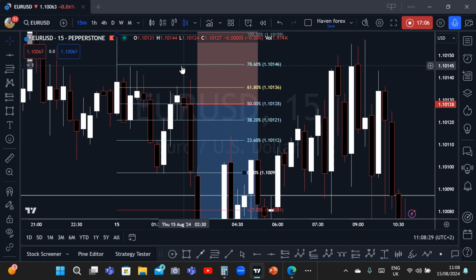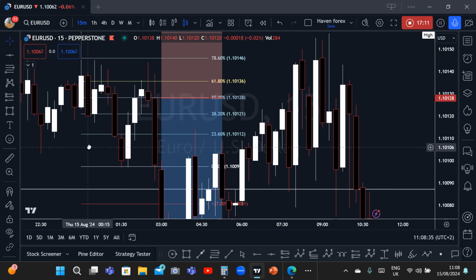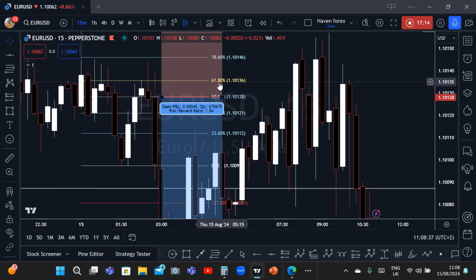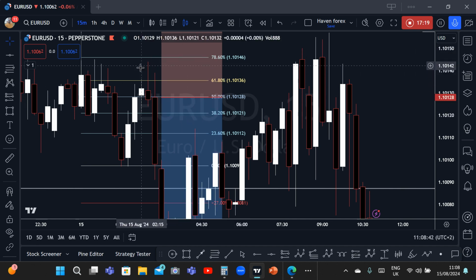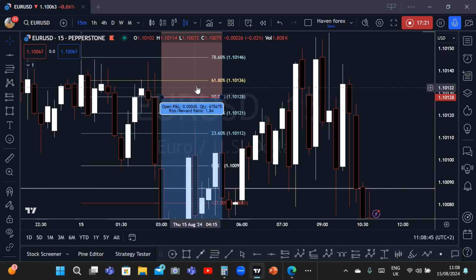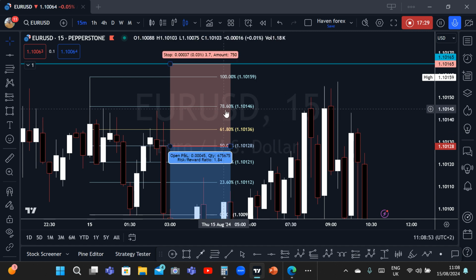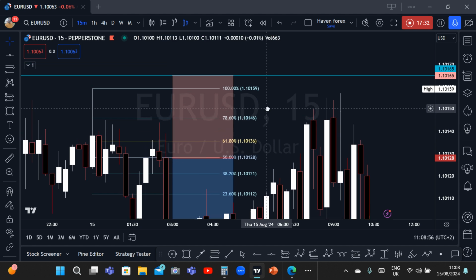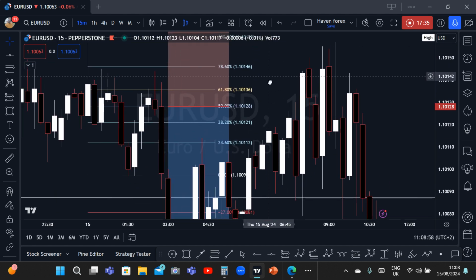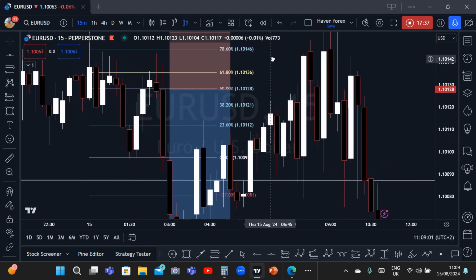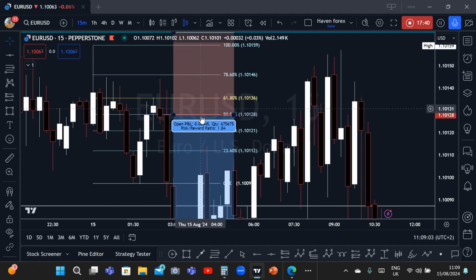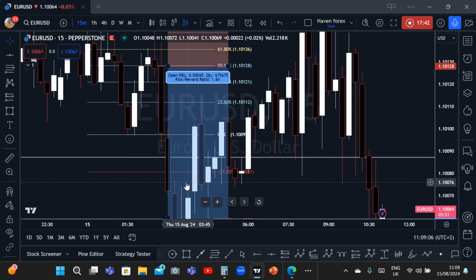It found a resistance and you see a rejection, but it actually closed below 61.8. Guys, these are the levels where price normally turns. If it goes deeper above 78.6 and it now gets to 100%, that is a very deep retracement, meaning that once price is turning back, it will not break structure down.